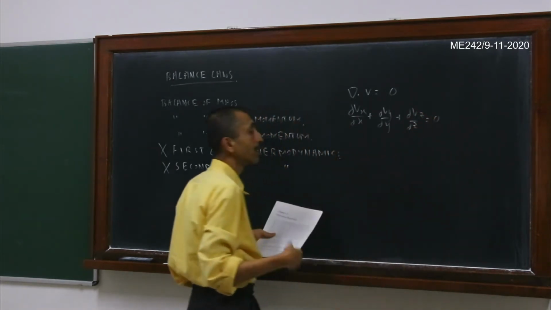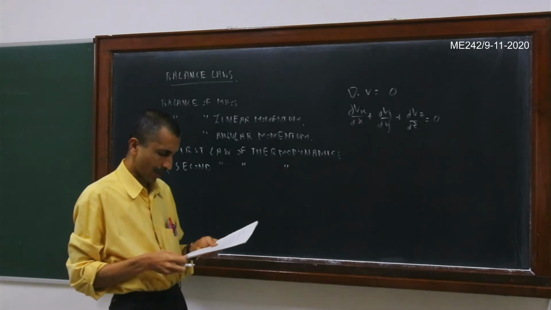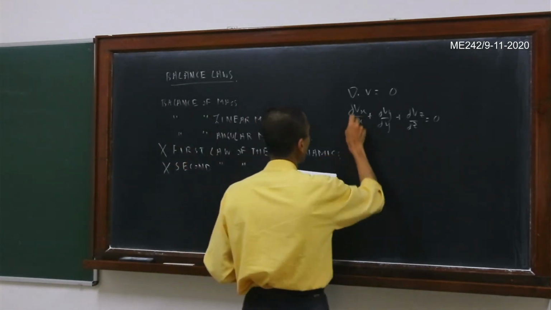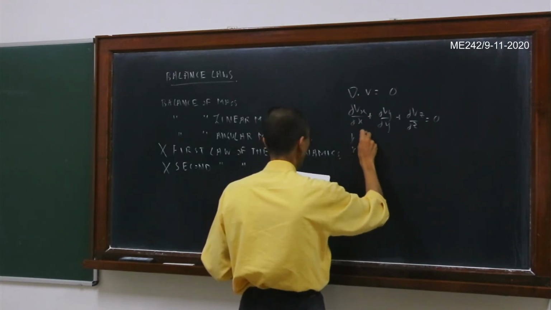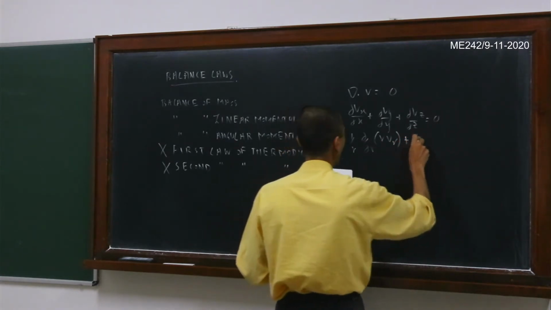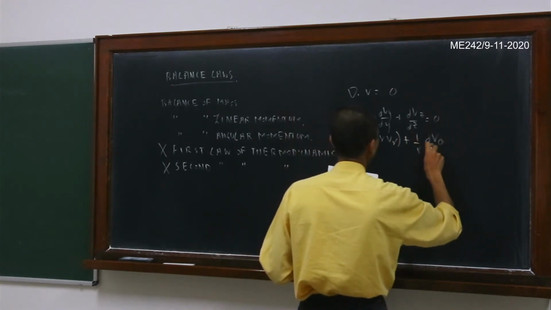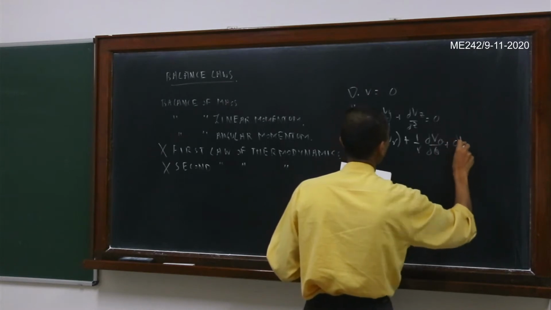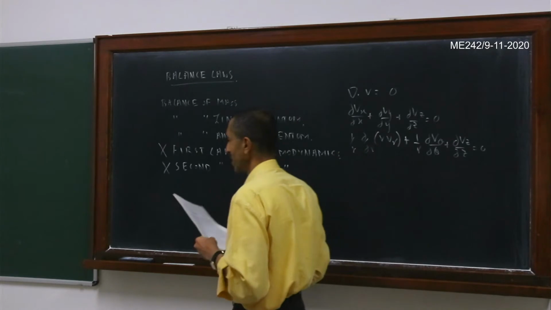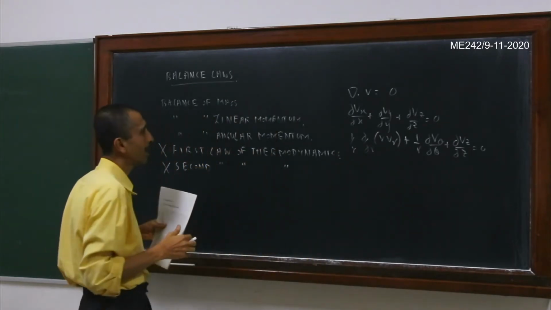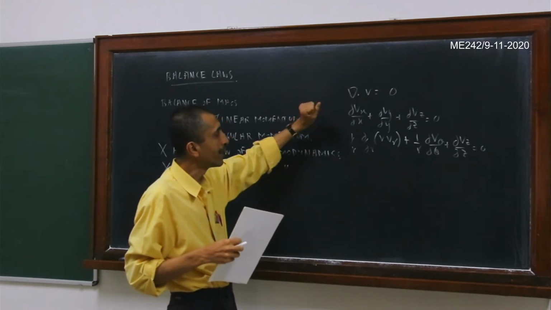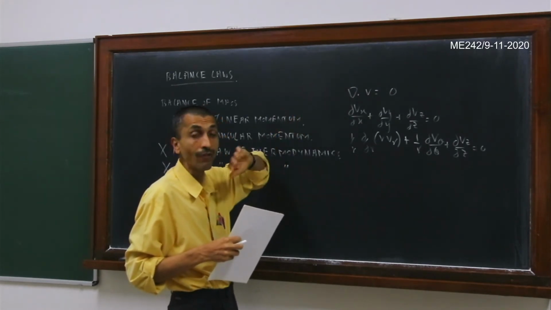Right? Or suppose if a polar or the cylindrical coordinate system is more appropriate, then we will write the same thing, del dot V, as 1 by r del by del r of r times Vr plus 1 by r del V theta by del theta plus del Vz by del z equal to 0. So I hope you understand what I am saying is that basically the equation will be written in tensorial form, and then we will invoke a particular coordinate system while solving particular problems.